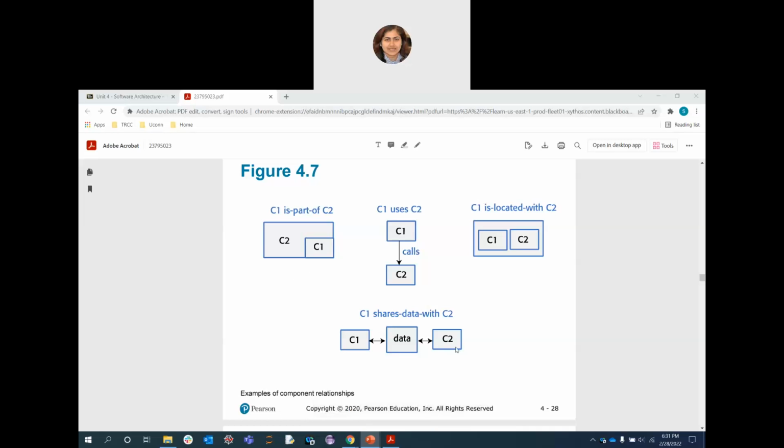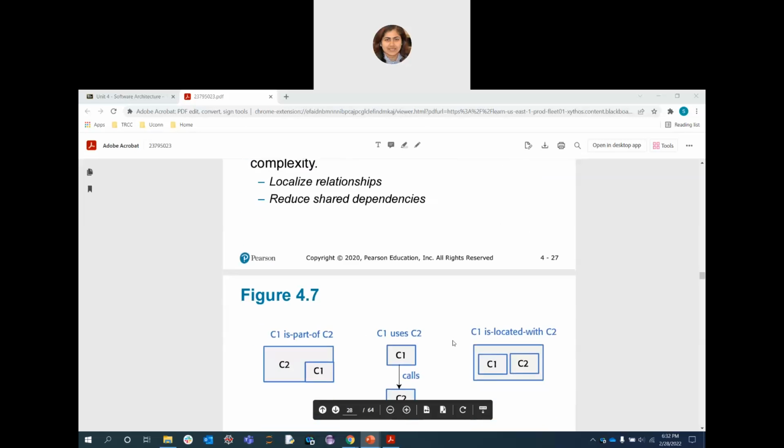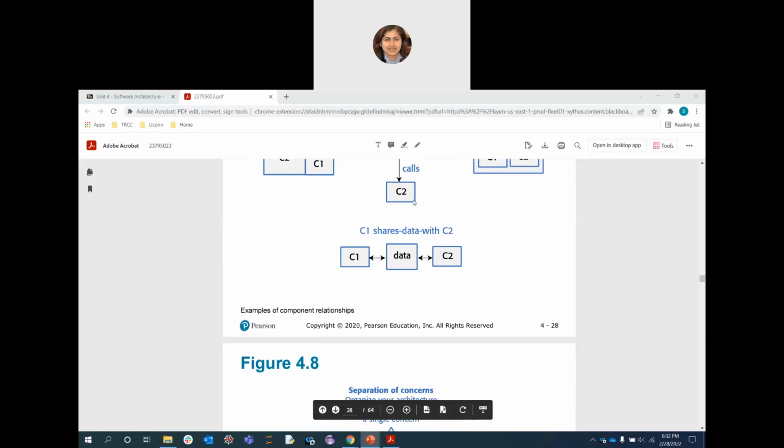Whereas reduced shared dependency tells this. If the components depend on some other component or data, a third, external component, in that case your complexity can increase, because changes to the shared component can mean that you have to understand how these changes can affect both A and B. This is the case of the last scenario.